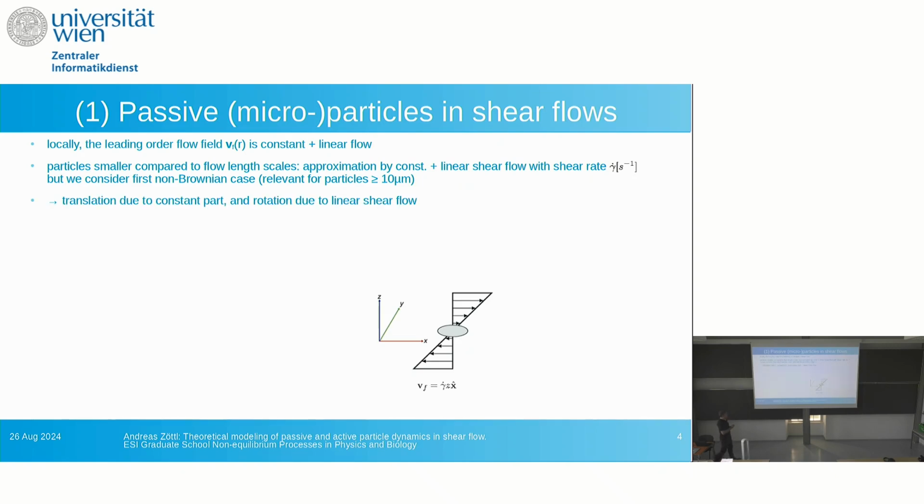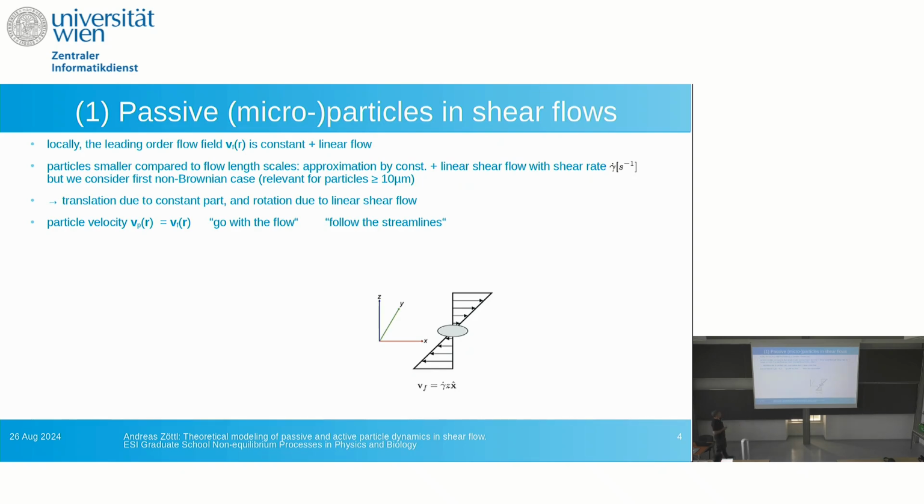Okay, so in general, what we have is when you put a particle in a flow, locally it looks like the linear shear flow, the particle translates with the flow, and it also rotates, and the translation is somehow clear, I would say.